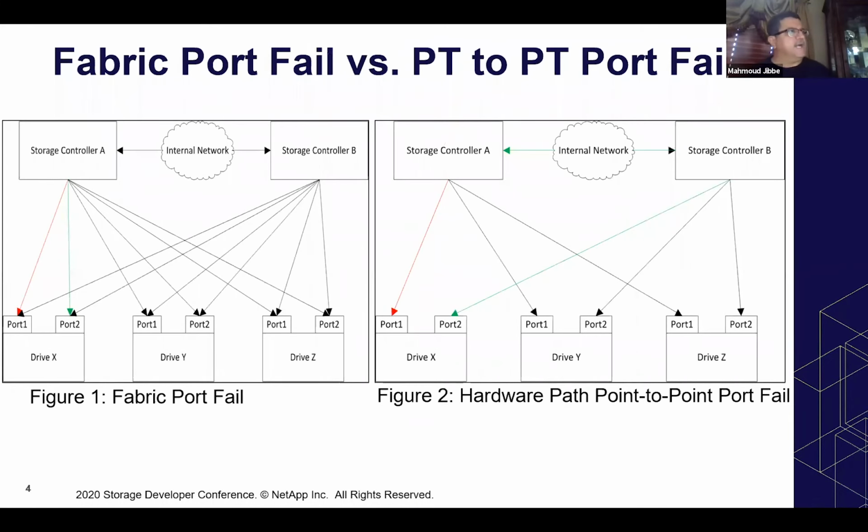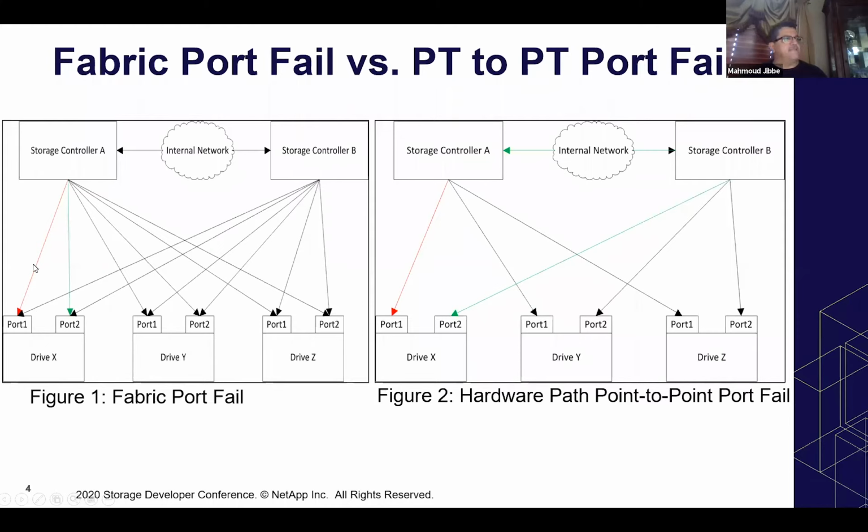So if you look at the graph on the left, figure 1 shows you the old technology where each drive has dual channels on each port, and storage controller A has a path to this drive, and storage controller B has the other alternate path.